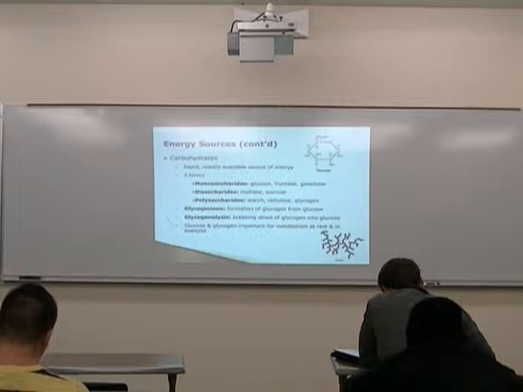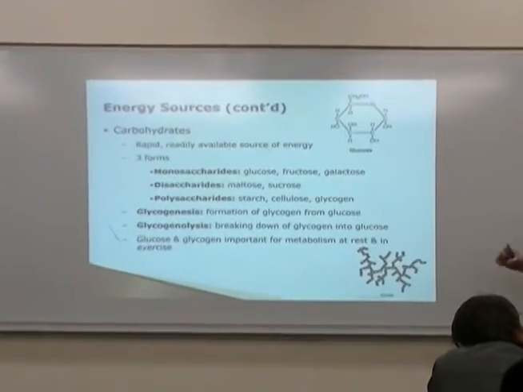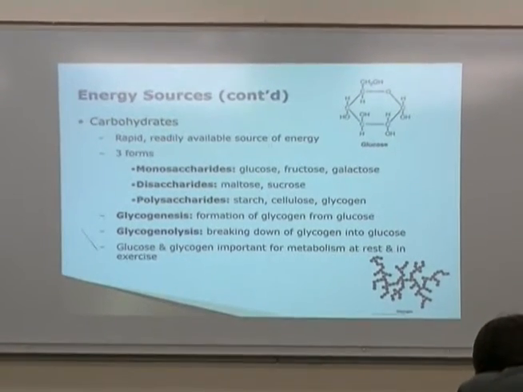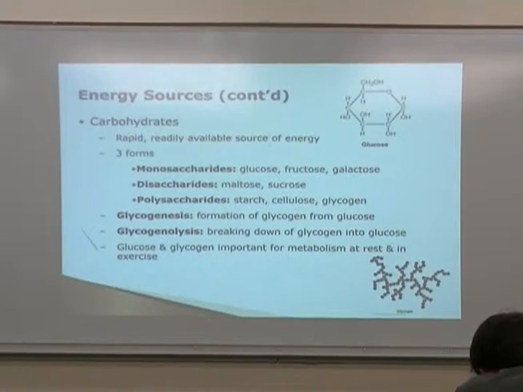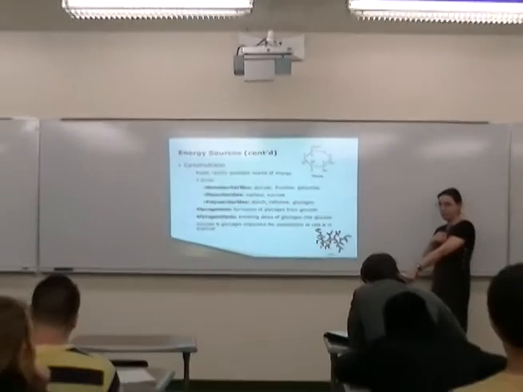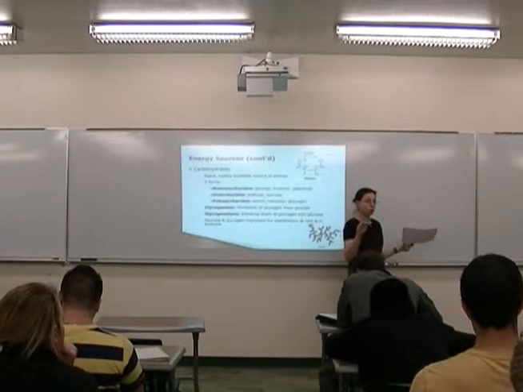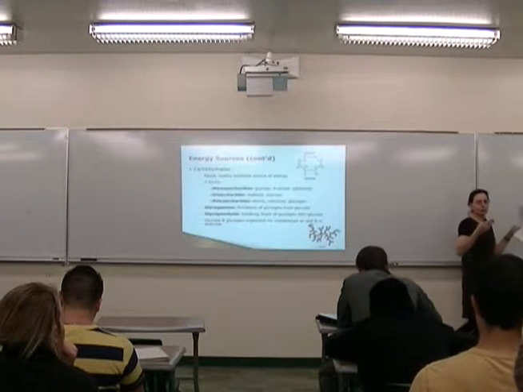So I'm either going to metabolize glucose when I eat it, or I'm going to stick glucose molecules together and store them as glycogen. We store it either in the muscle tissue itself, or in the liver. So those are the two places where we keep it when we've got the pantry stocked up.